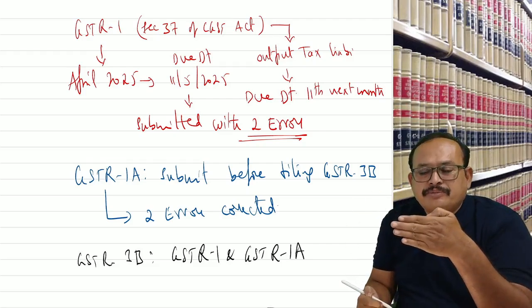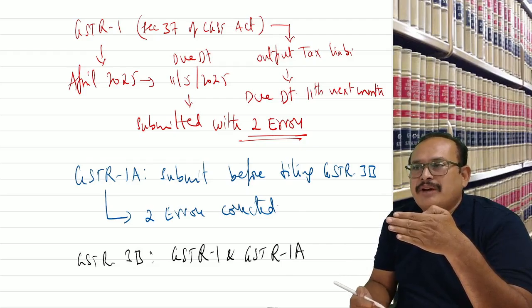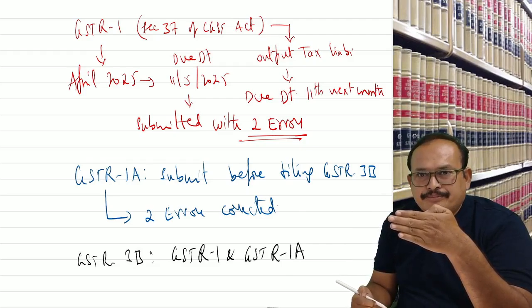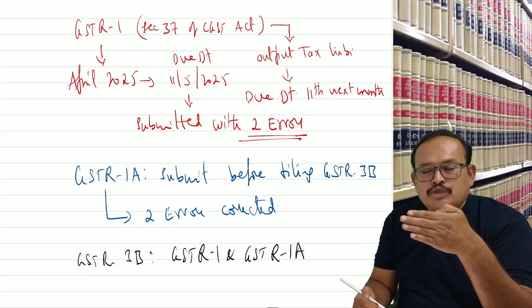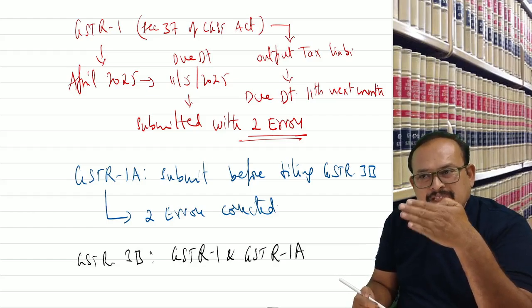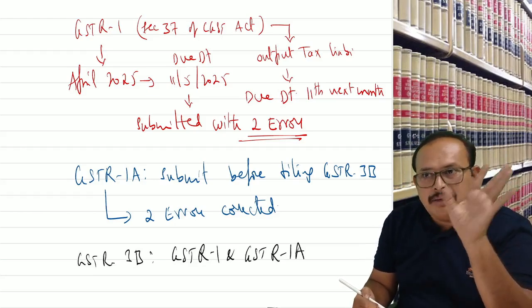In GSTR 1, error: value instead of 1,10,000. Rate of GST instead of 18%, shown 12%. 2 errors, remaining all good.